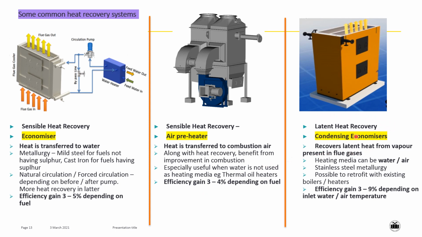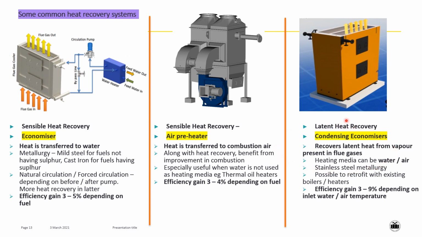Lastly, there is a latent heat recovery which is called condensing economizers. Normally, we cannot cool flue gases below a certain range, otherwise harmful acids can condense out and damage the waste heat recovery unit.